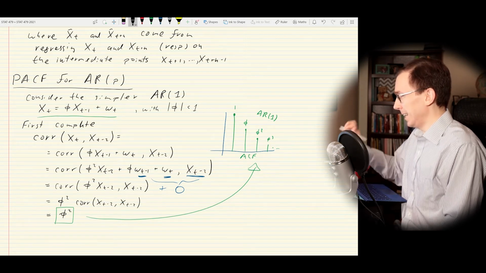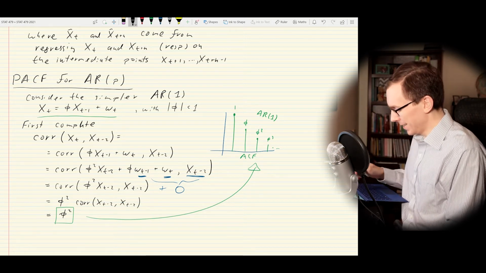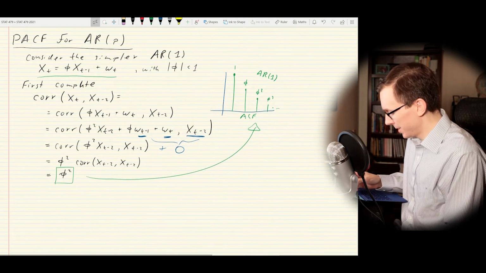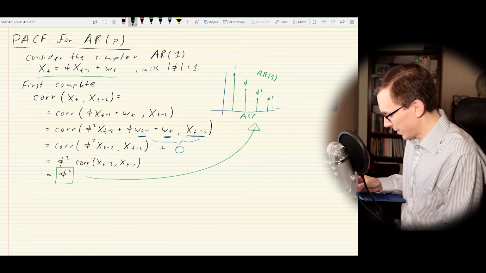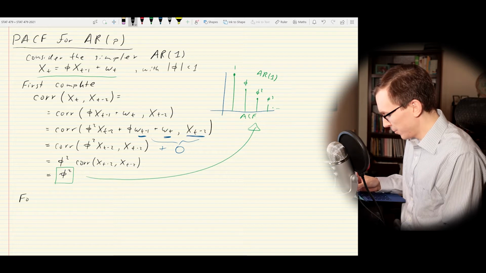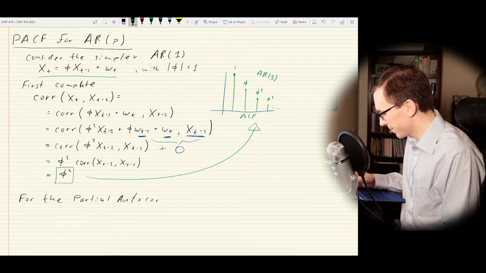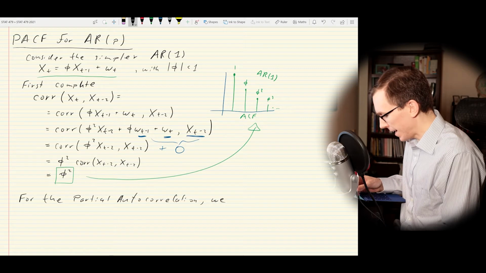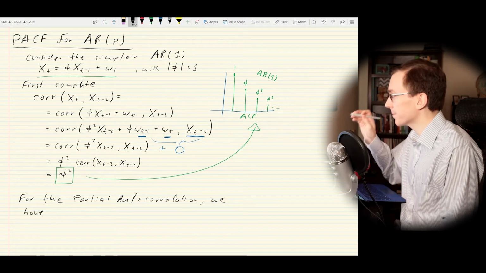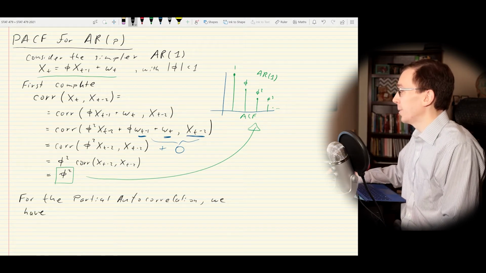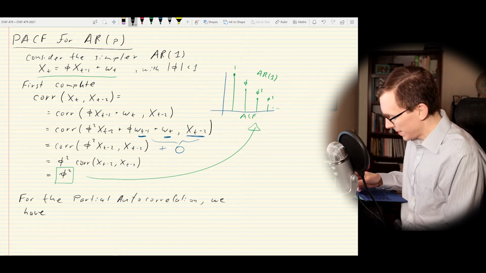Now, in contrast, what we're actually interested in is the partial autocorrelation. For the partial autocorrelation, what we have is a new equation that we're trying to compute.